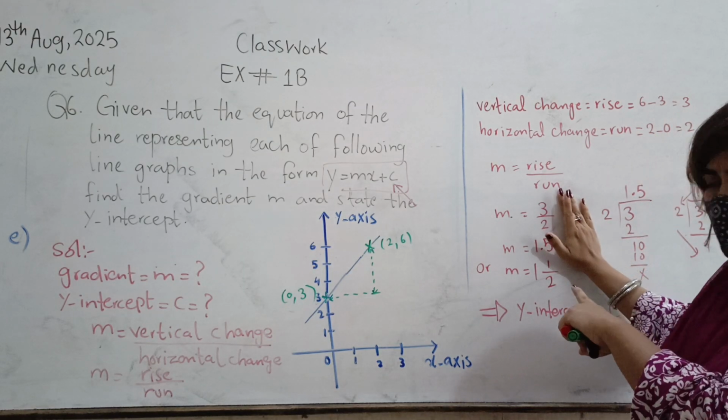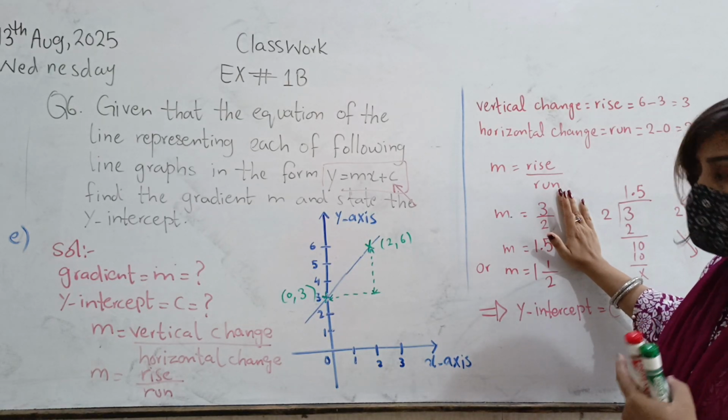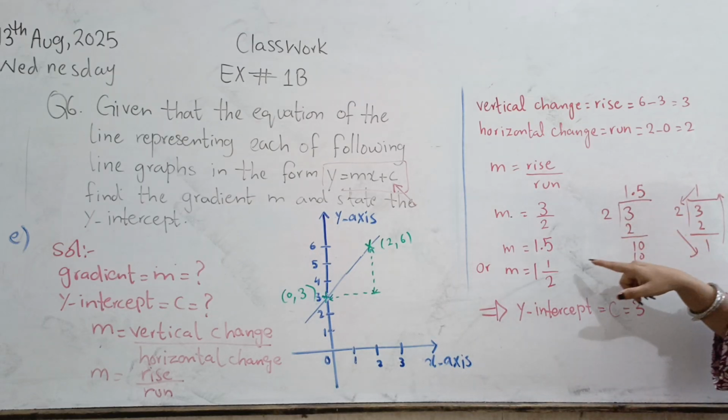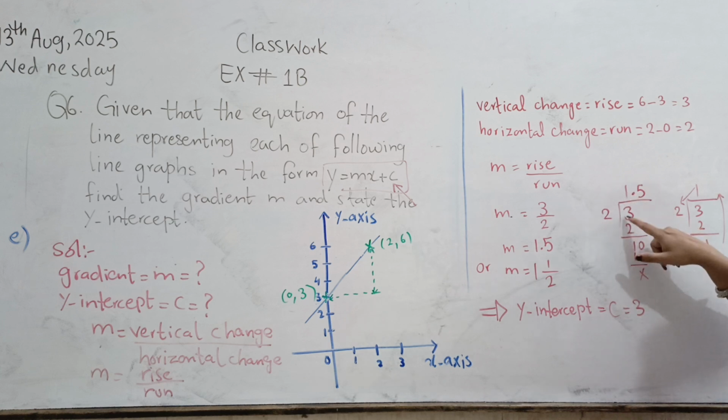The answer is given in the book as an improper fraction, but you can write it in decimal. In this way, you write 3 inside and 2 outside. 2 ones are 2, minus from 3, is 1. Then put 0, it becomes 10, and you find 5.